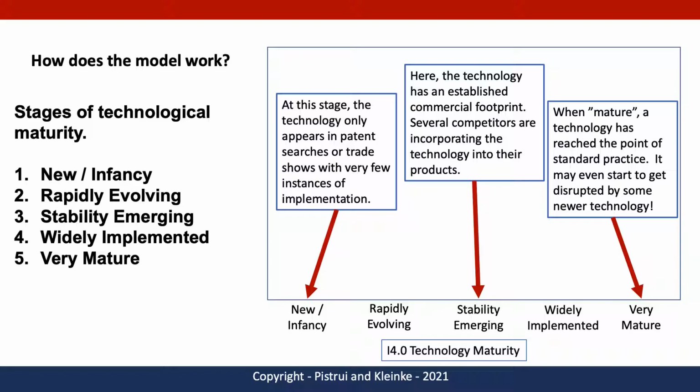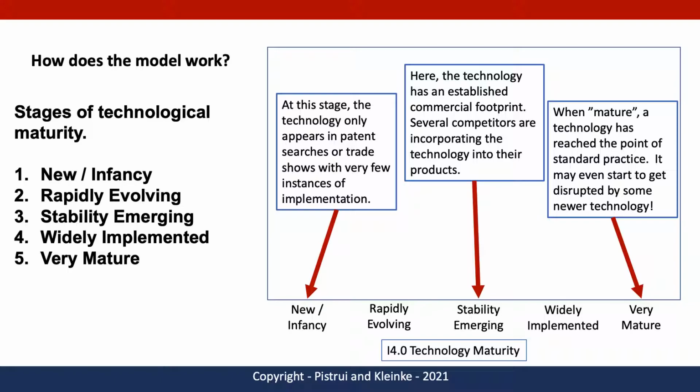Some of our customers or our competitors are beginning to implement it. Stage 4 then is widely implemented. Pretty common to find this technology on a plant floor, maybe embedded in a product, might be used by our customers or our suppliers. And then stage 5, we've gotten to the point where the technology is pretty much accepted as standard practice.